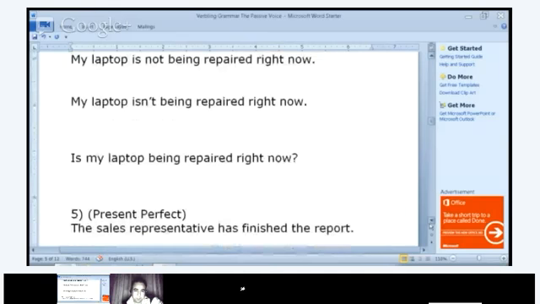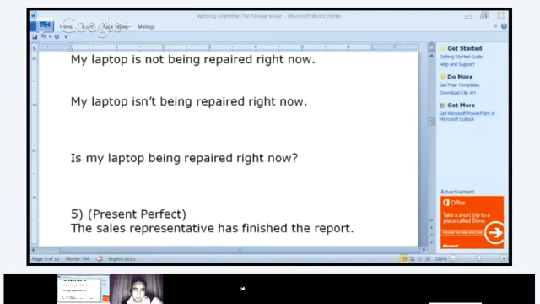How about present perfect? The sales representative has finished the report. And so maybe if I can get some people to give the negative form of this and a question form. And so Ziad, could you read your answer, please?